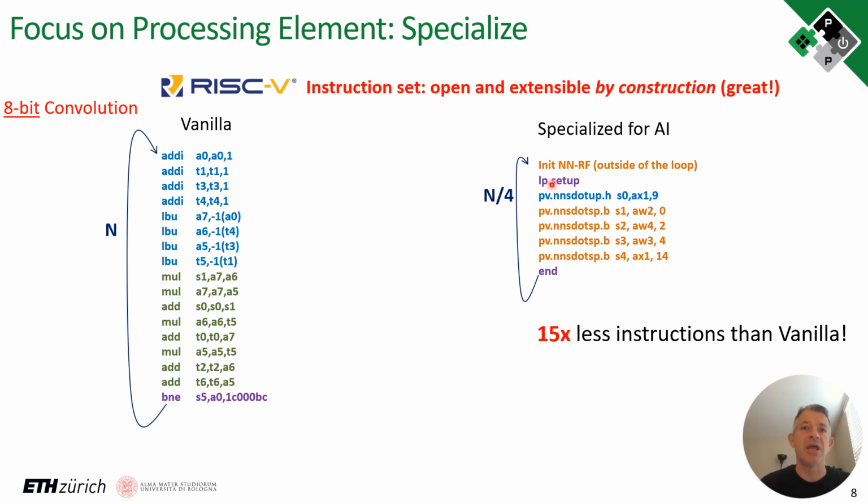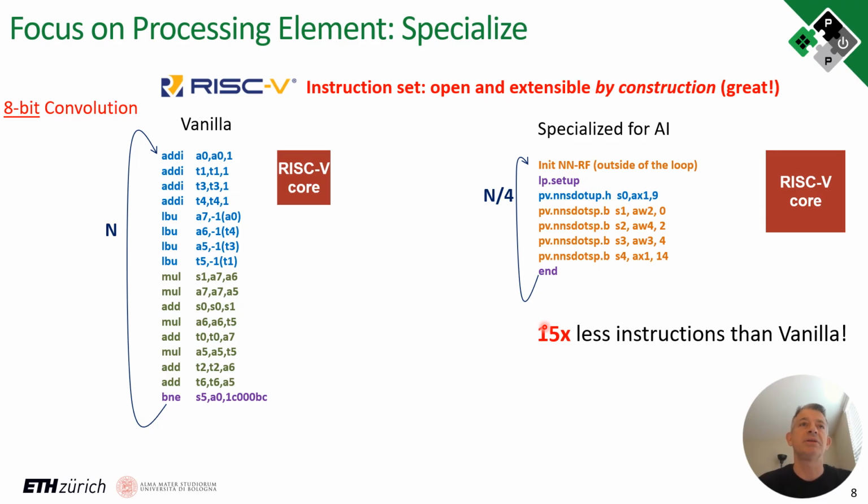Now remember that energy is the product of performance by power. So if we get a performance boost, that's great, but we need to ensure that the power is not blowing up. In fact, we now need to compare the core with the basic instruction set with the core with the enhanced instruction set. And we can see here, pictorially depicted, that the core with the enhanced instruction set is getting larger, but on the other hand, there is a big efficiency increase. So we have to make sure that the performance increase is better than the power increase that comes with the increased area.